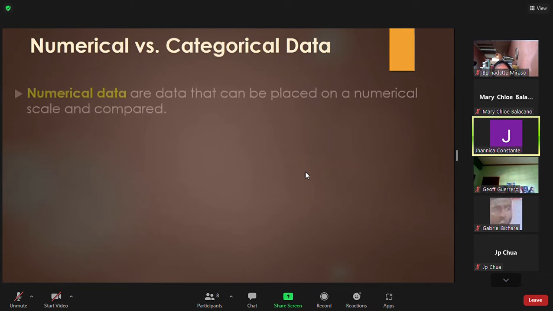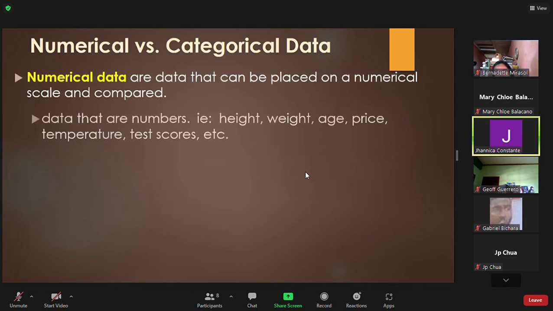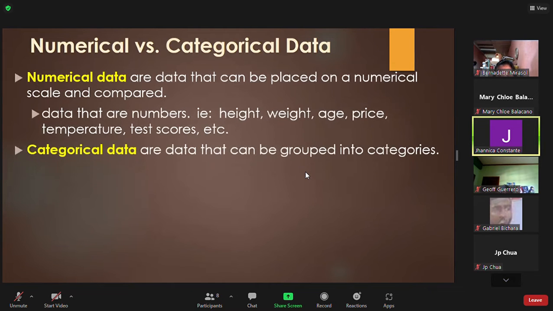When we say numerical data, that is data that can be placed on a numerical scale and compared, from the root word number. So the data that you have is more on numbers, or the frequency table that you will be having. When you say categorical data, categorical data are data that can be grouped into categories or sectors.